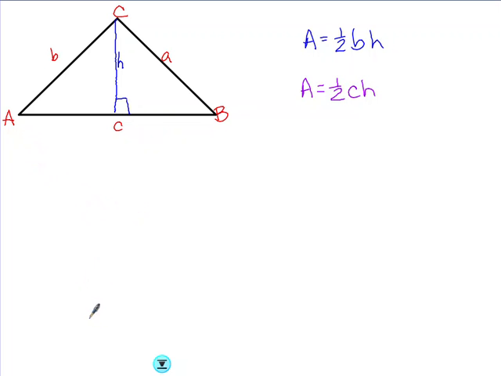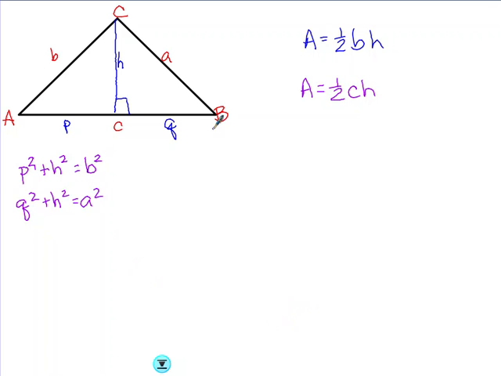So, I'm going to label this segment here as segment P and this segment here as segment Q. So by the Pythagorean theorem, I know that P squared plus H squared equals B squared, and that Q squared plus H squared equals A squared.